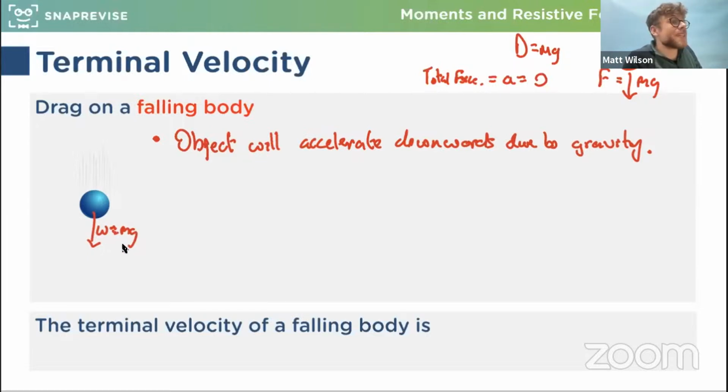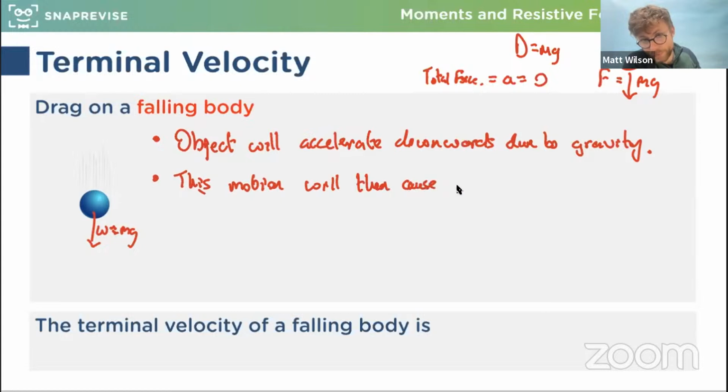However, as soon as we begin to accelerate, that means we begin to move. We begin to get a velocity. We'll start building up a bit of drag. So this motion will then cause a drag force. Now, nothing accelerates from 0 to 100 without going through all the numbers in between.